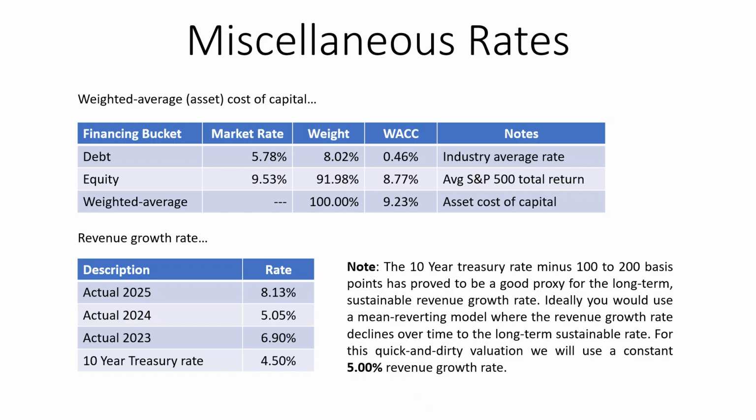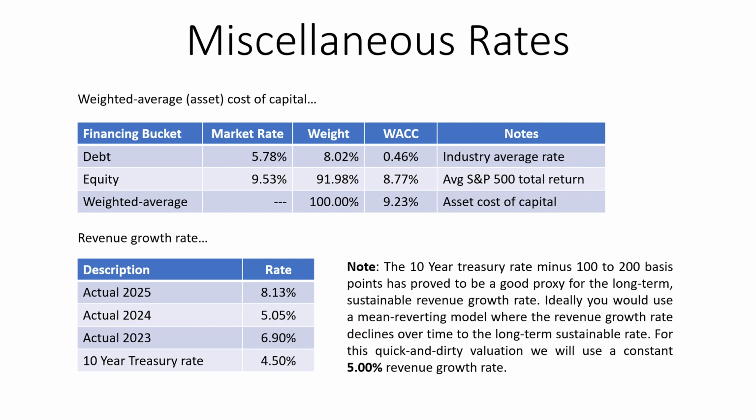Because you have to realize that in that 4.5% growth rate of GDP, some of that is going to be the growth attributable to mature companies, and then you have a bunch of high flyer new companies that are going to have these huge growth rates. So if the growth rate averages 4.5% for all companies, then mature companies should have a long-term sustainable growth rate of about the Treasury rate minus 100 or 200 basis points.